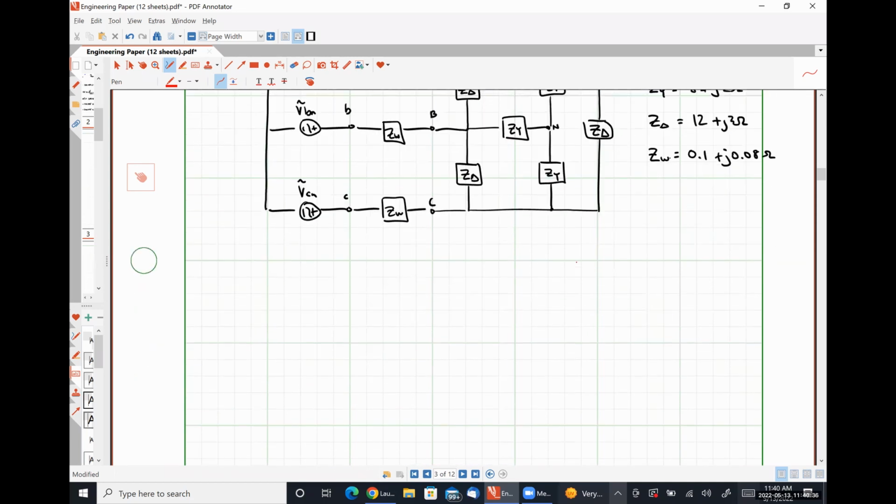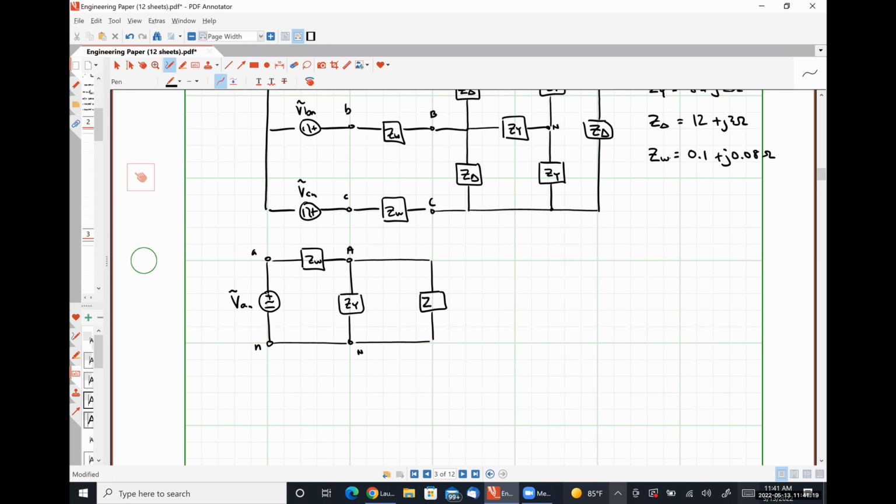So our single phase equivalent circuit is going to look something like this. Here's our voltage VAN, our transmission line impedance ZW, capital A, capital N, and then we're going to have our normal impedance ZY, and then we're also going to have a second impedance connected in parallel.